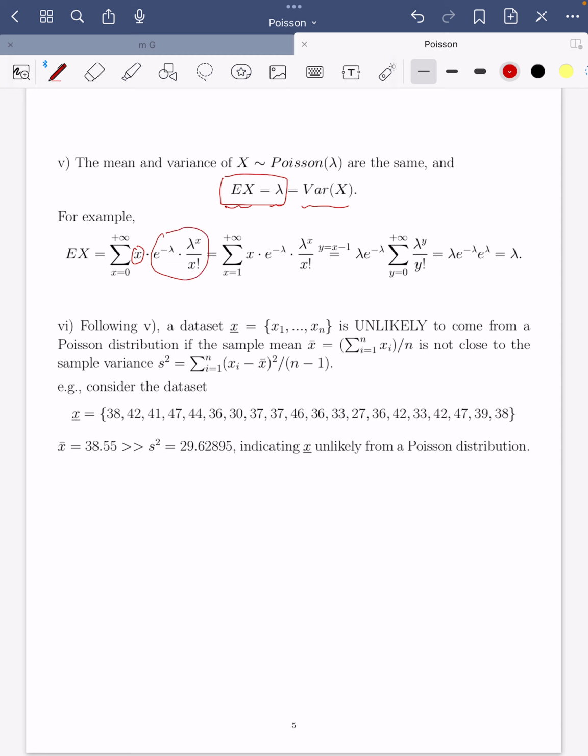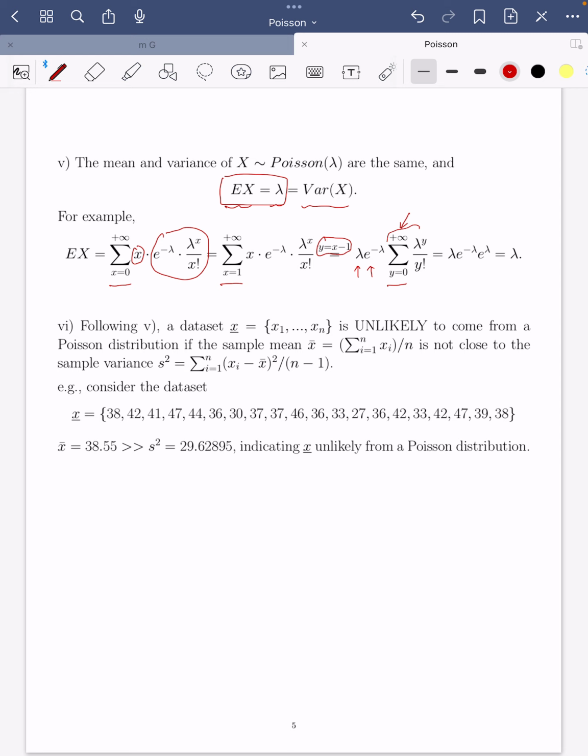Since when x equals 0 the first term is equal to 0, we change this lower bound to x equal to 1, and then we apply the transformation y equal to x minus 1, and this summation changes to y starting from 0 to infinity. Also we can pull the common lambda out, and also this e to the negative lambda out.